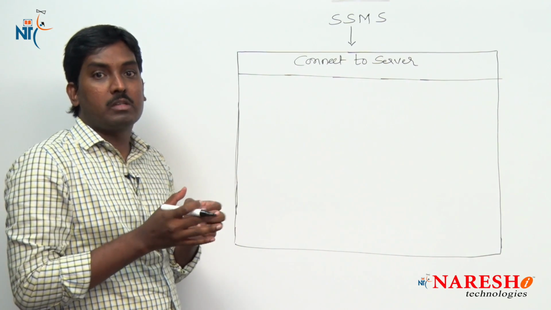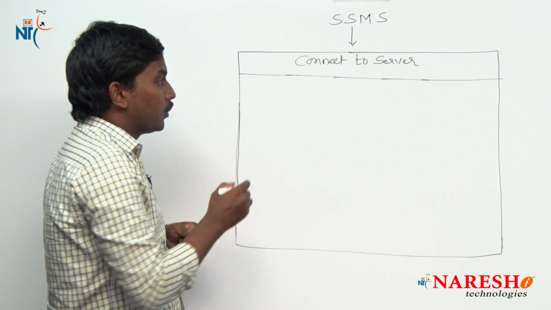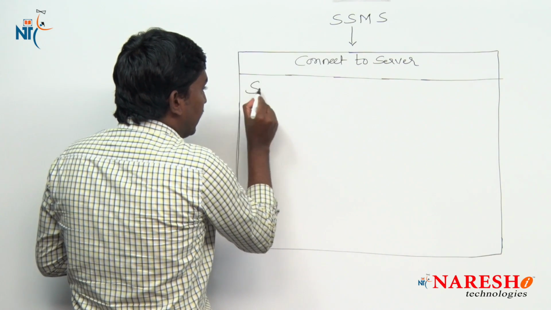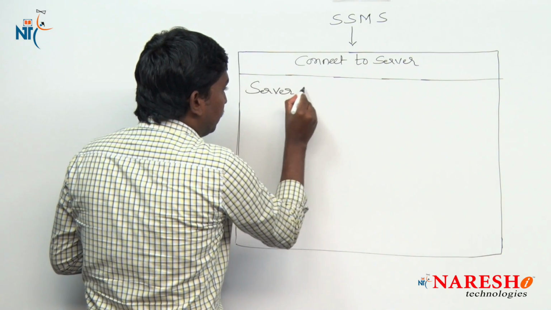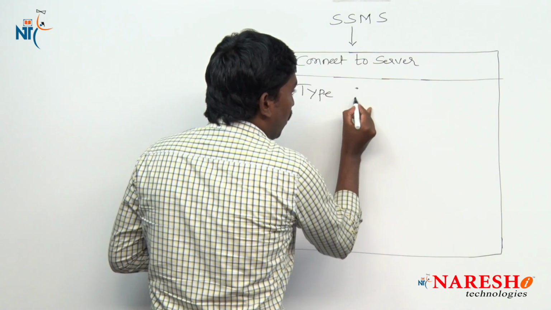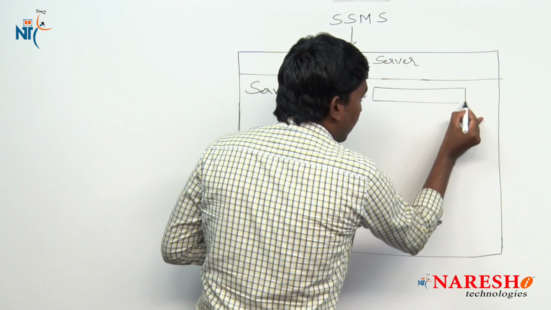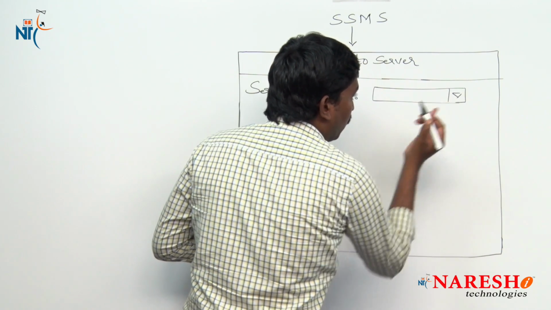This Connect to Server window has some options. Let us see what kind of options are there. The first option is the server type option, in my Connect to Server window, and we have one drop-down list control.